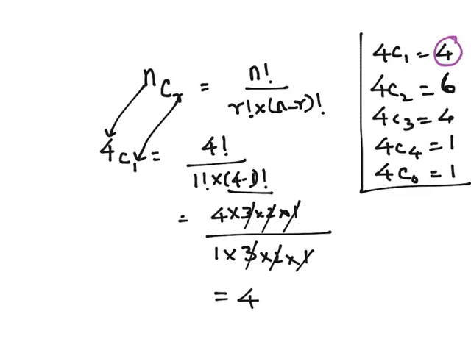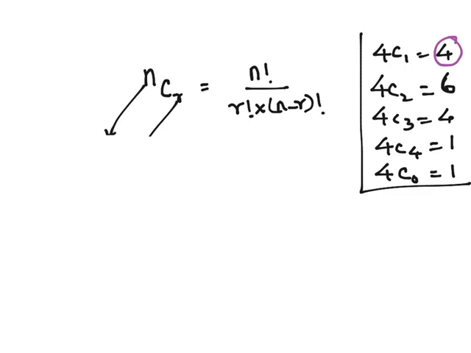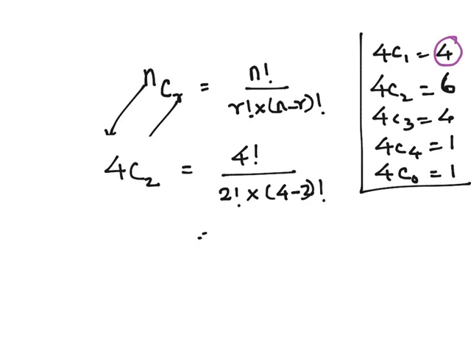Let me try one more. Let me find 4C2 now. So n is 4, so 4 factorial by r is 2, so 2 factorial multiplied with 4 minus 2 factorial. Again 4 factorial means 4 into 3 into 2 into 1, divided by 2 factorial, which is 2, and 4 minus 2 factorial is 2.